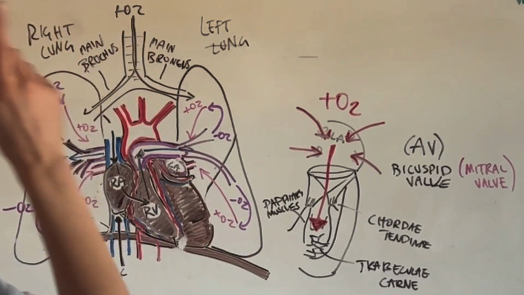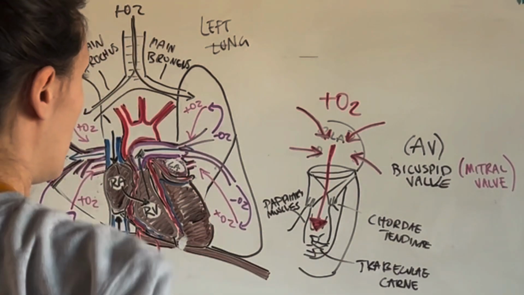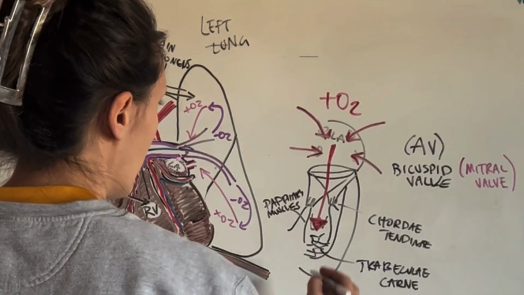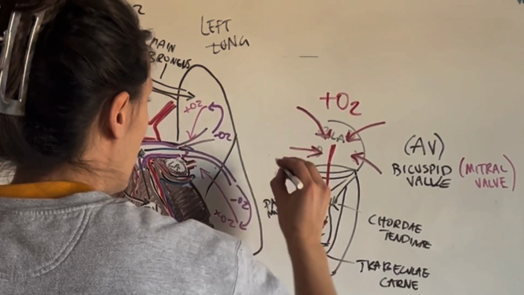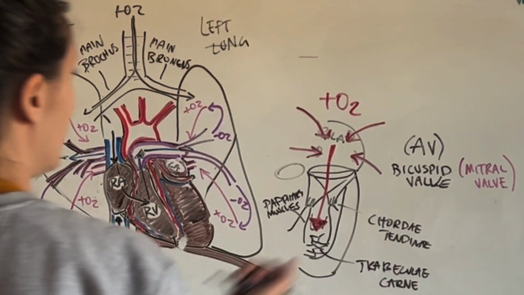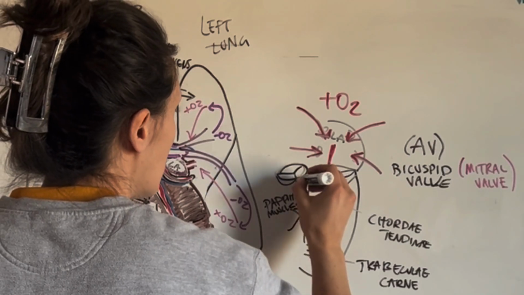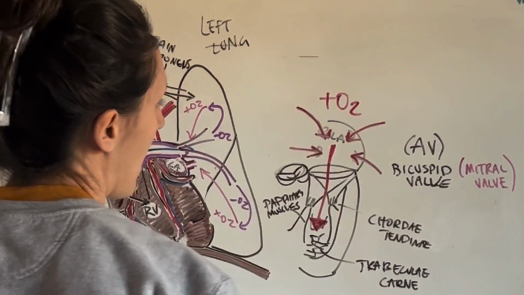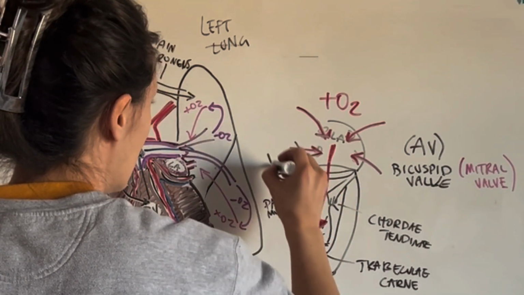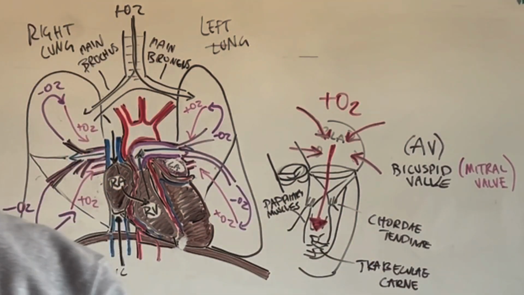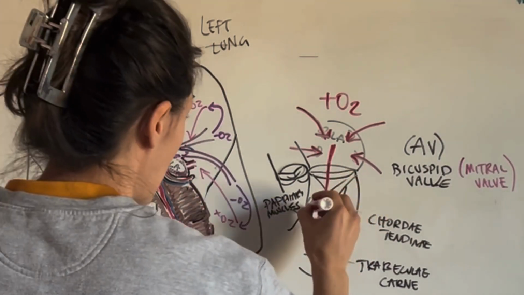Anyway, when I want to leave the left ventricle and I'm going to pump really hard, I'm going to leave through what kind of valve? A semilunar valve. And this one I actually want to take a little look-see at, and talk about the cool thing about the aortic semilunar valve.